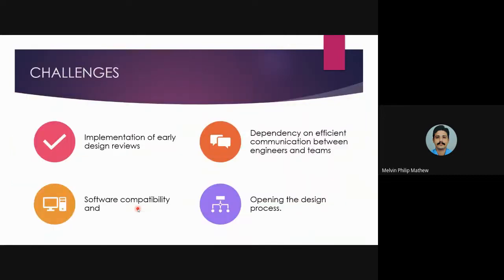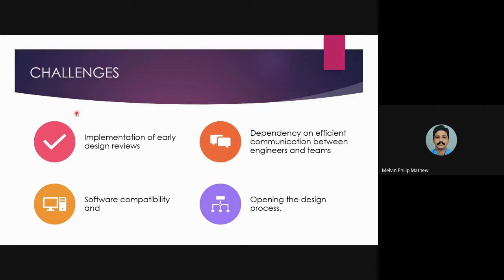Then some of the challenges faced in concurrent engineering are the implementation of early design reviews. In a designing department, specific time is given for deciding on an idea, brainstorming, production of the design, implementing the design, and then formation of the prototype, which then comes into the production cycle.